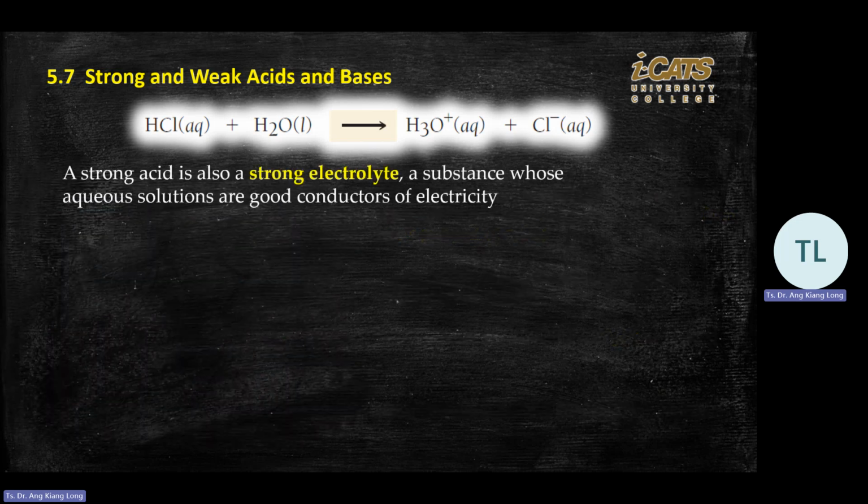Okay, another property of acid. Because strong acid breaks completely into H plus and another ion, they are strong electrolytes. It means they can conduct electricity. Strong acid equals strong electrolyte.